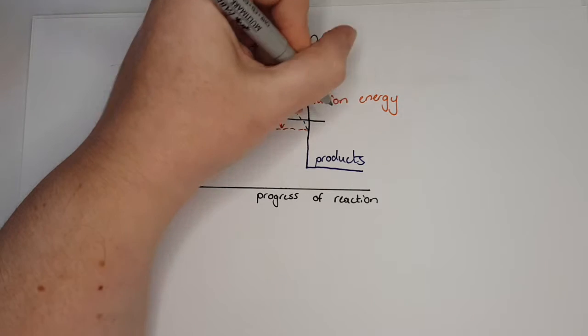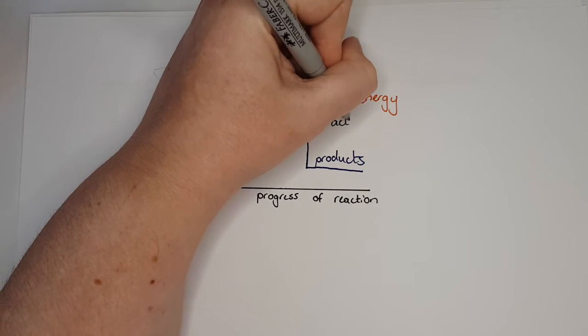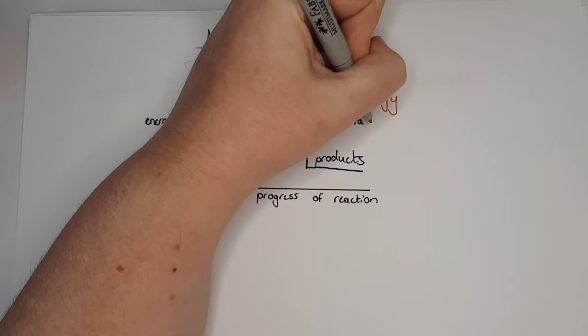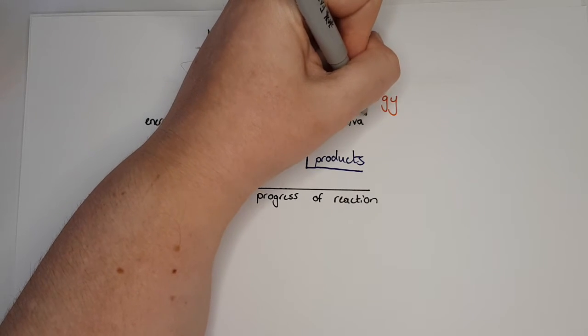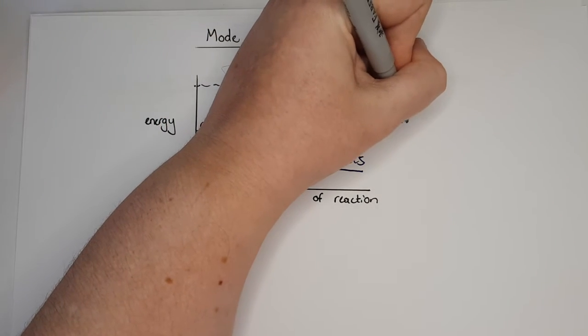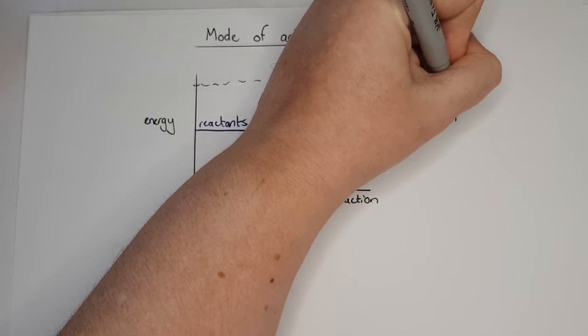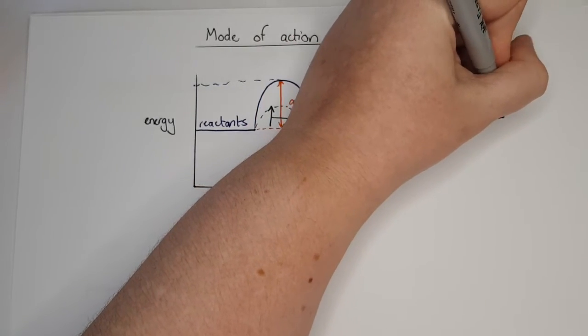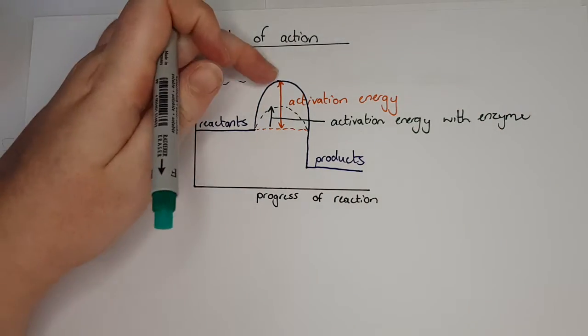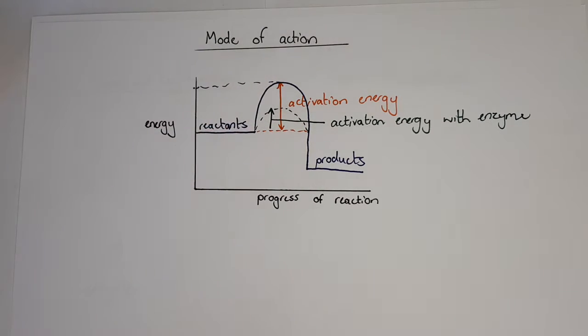So this is then going to be the activation energy with our catalyst or our enzyme. So we're going to lower that activation energy in order for a reaction to take place.